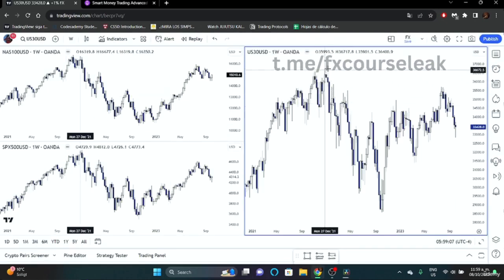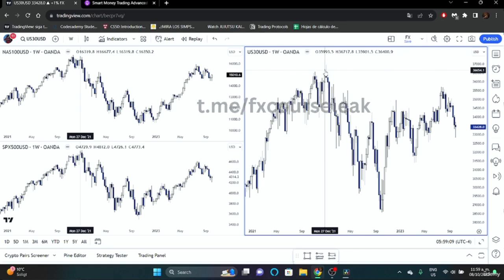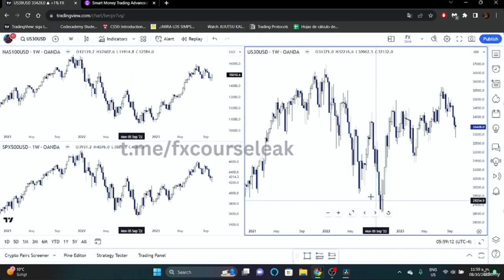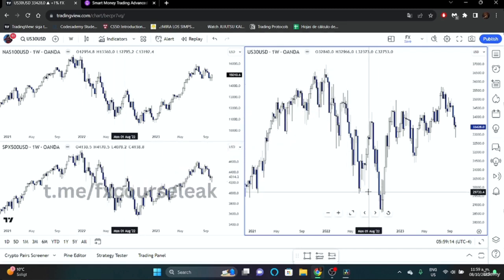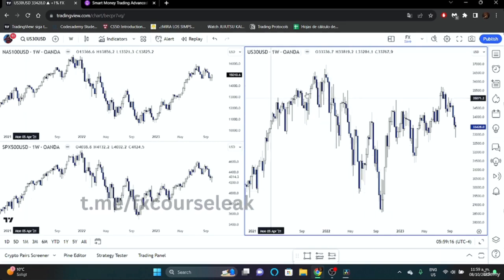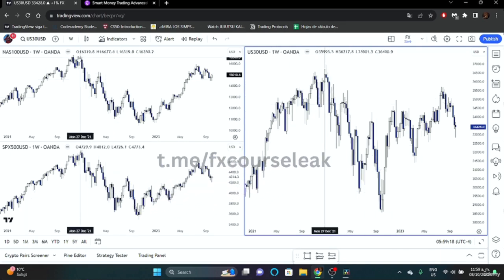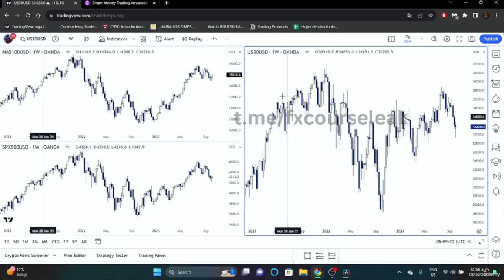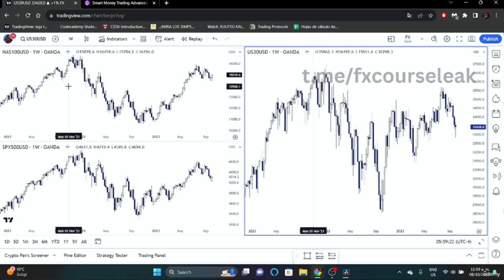Look, we had the divergence as well, right? We made the lows as well, right? They're all correlated.